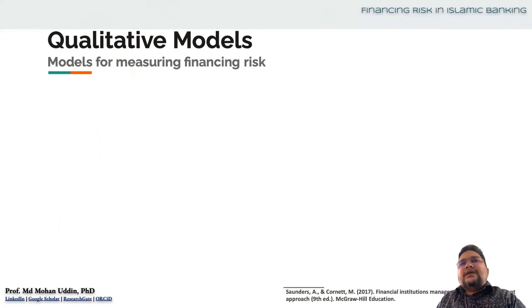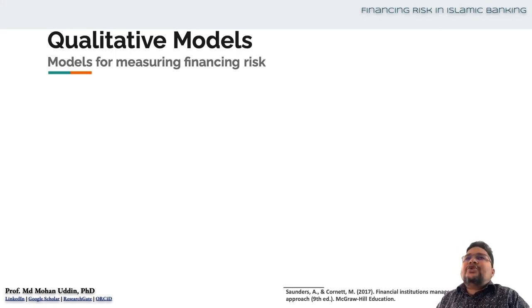You understand that for managing financing risk, at first you have to measure it. What is the degree of financing risk associated with a particular funding customer? Let's say we have three funding customers: customer A, customer B, and customer C. Which customer should be rejected from the funding arrangement?